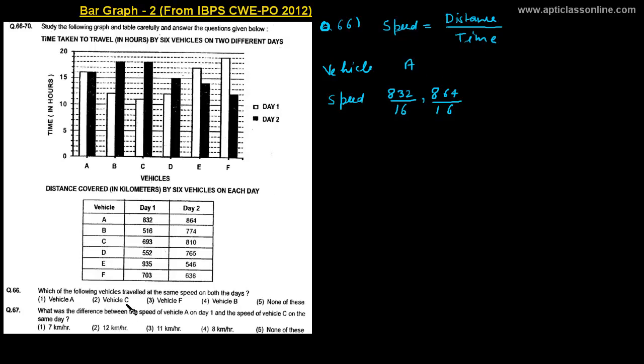So the next is vehicle C. For vehicle C, the day 1 distance is 693, and the time for day 1 for C is 11.